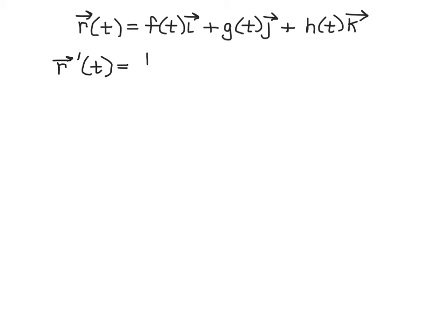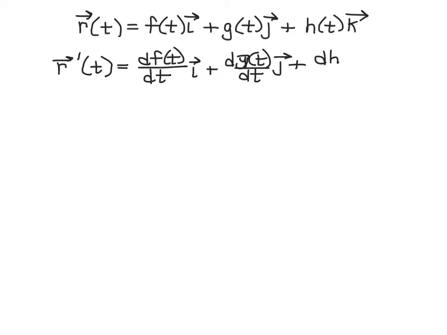So it's equal to the derivative of f of t with respect to time in the i direction plus the derivative of g with respect to time in the j direction plus the derivative of h with respect to time in the k direction.